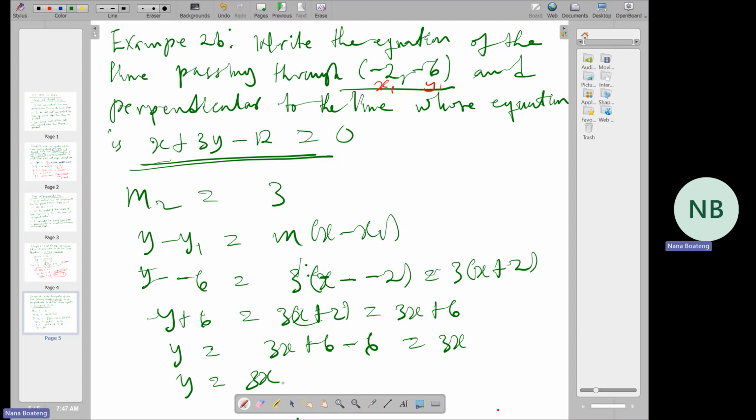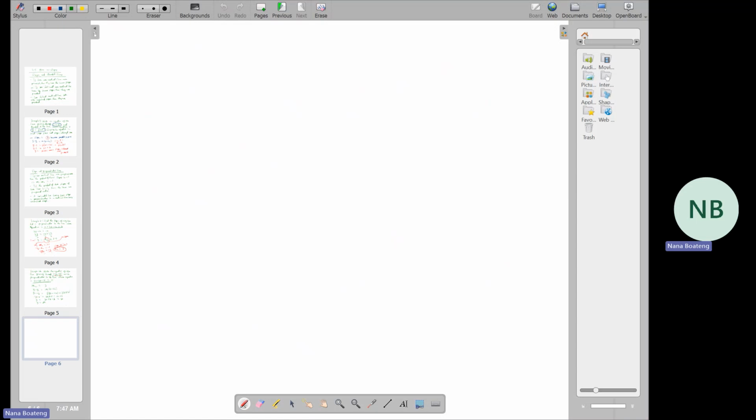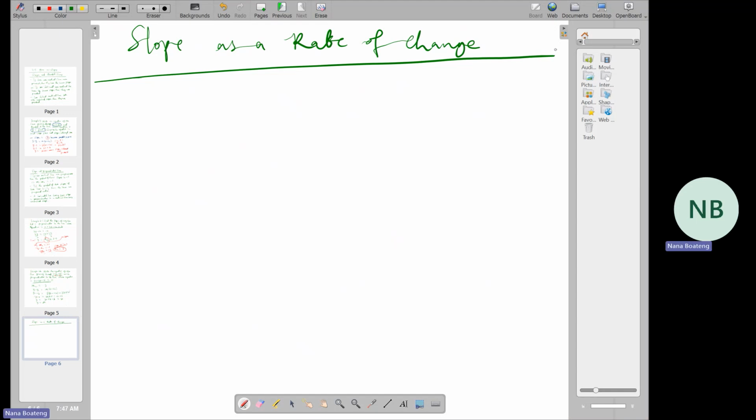All right, so let's look at slope as a rate of change. Example 3.